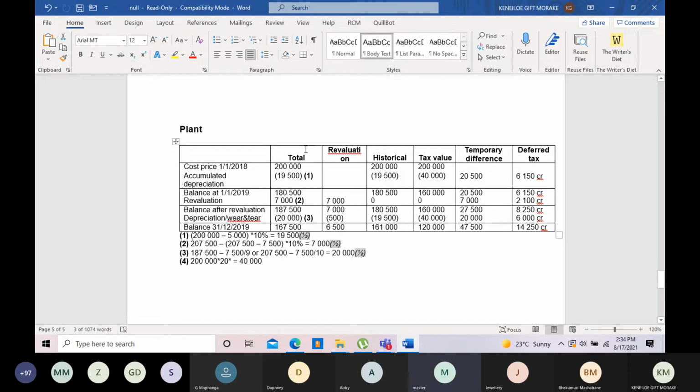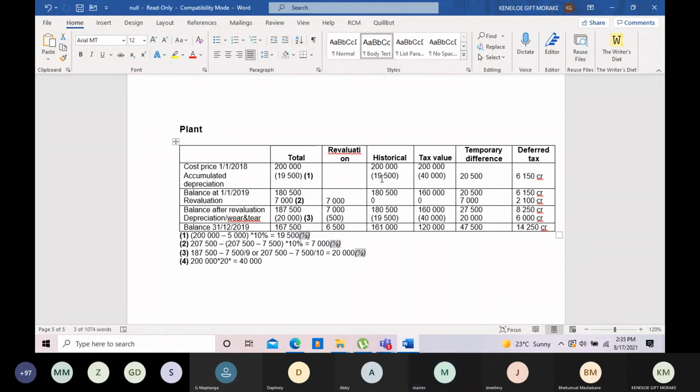Differences now. You see that here you need the issue of the tax rate there. Okay, so the difference between the two, how much? You say tax value minus historical. You're getting how much? Let me also confirm this on my side to make sure that you pass tomorrow's paper.